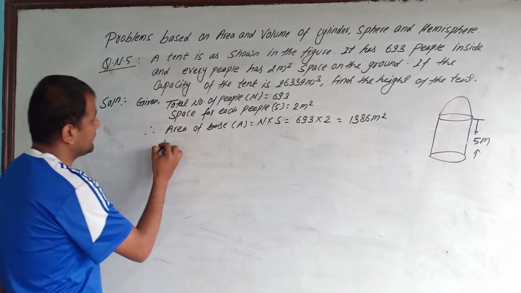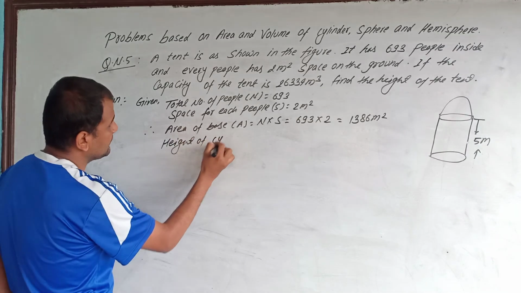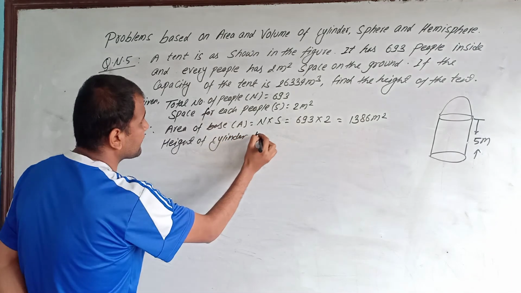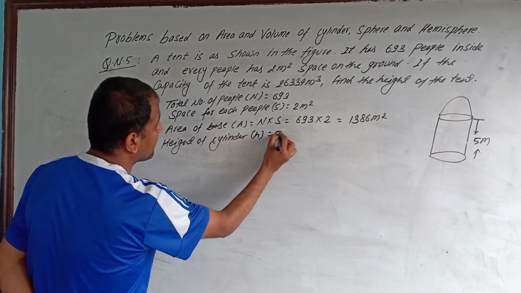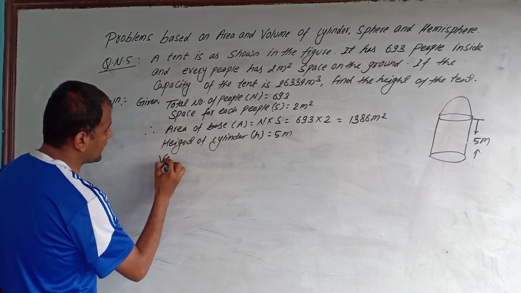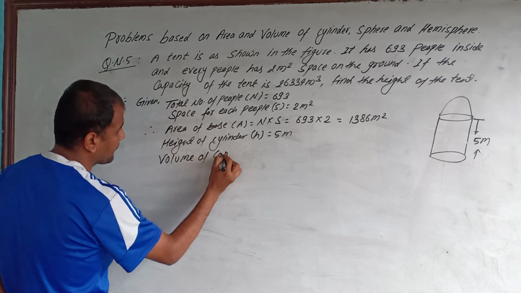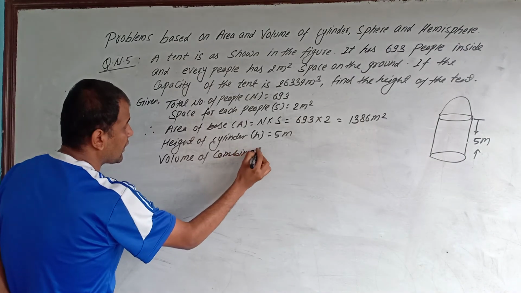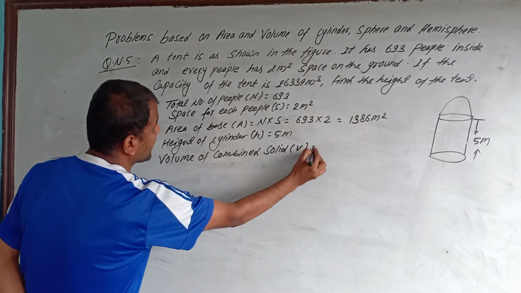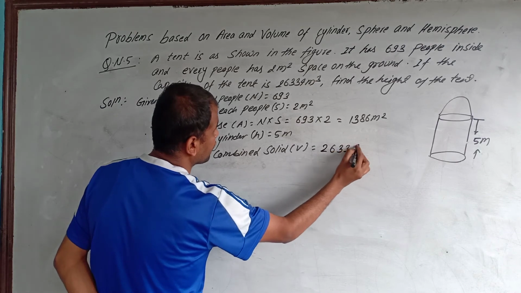Height of cylinder S is equal to 5 meter, and volume of combined solid V is equal to 26334.